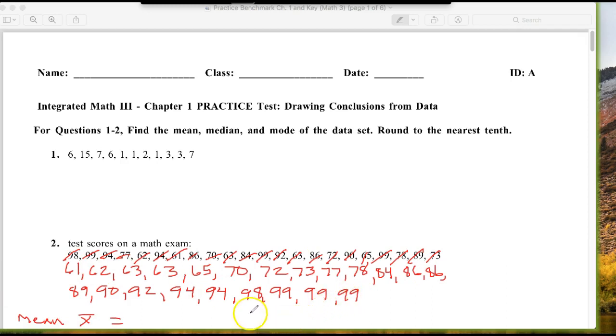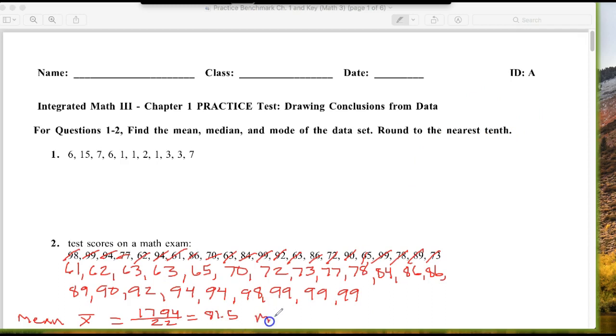I added them all up and I'm going to get 1794, and I just did it on a calculator. And you divide that by 22. So the mean you should get from that would be 81.5, rounded to the nearest tenth.